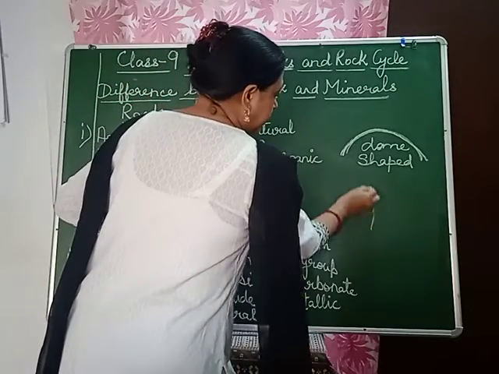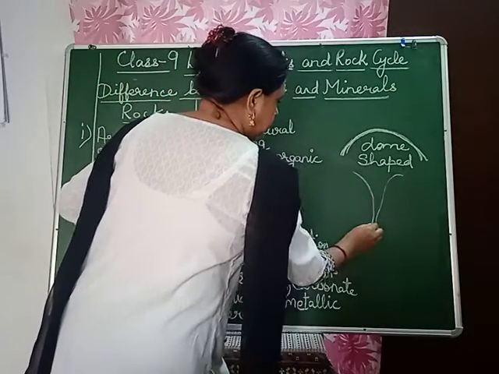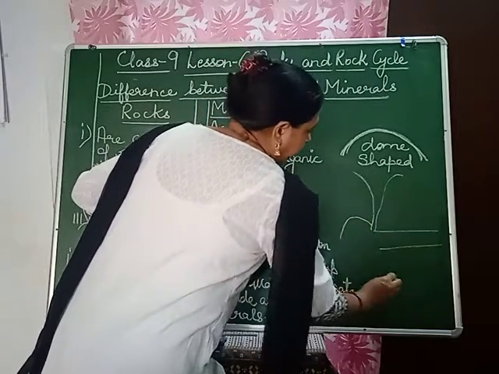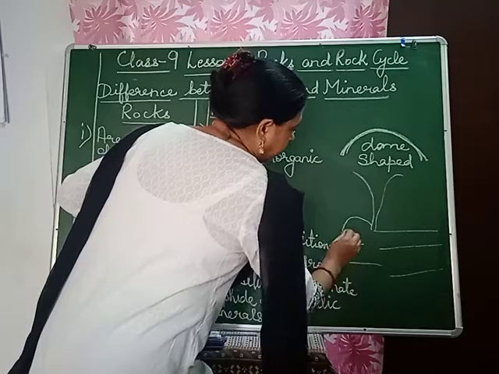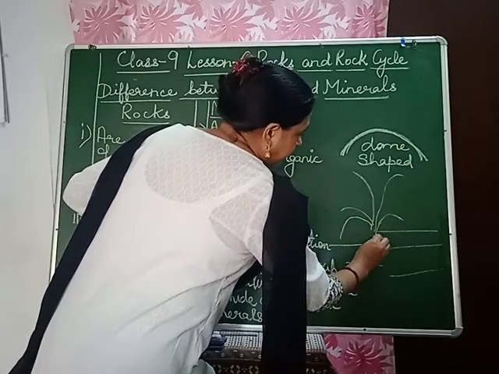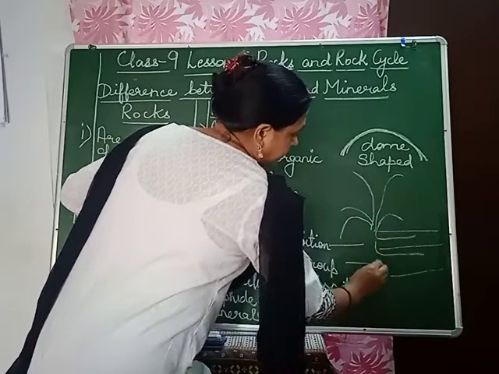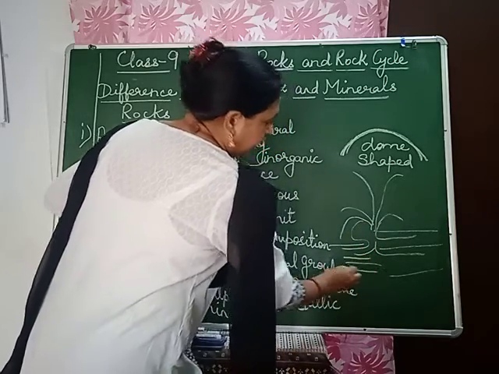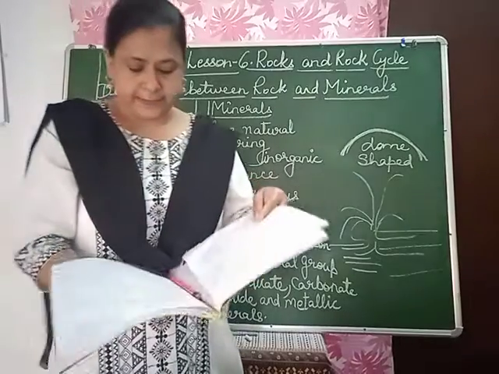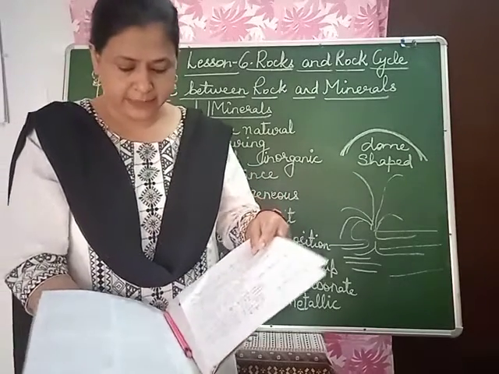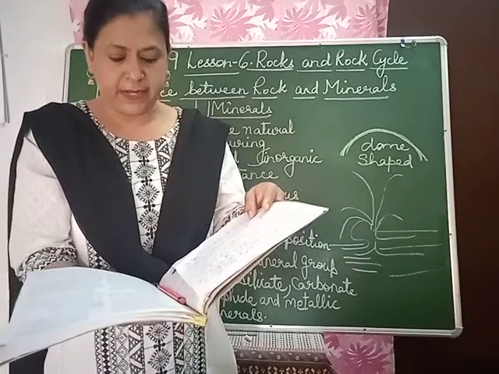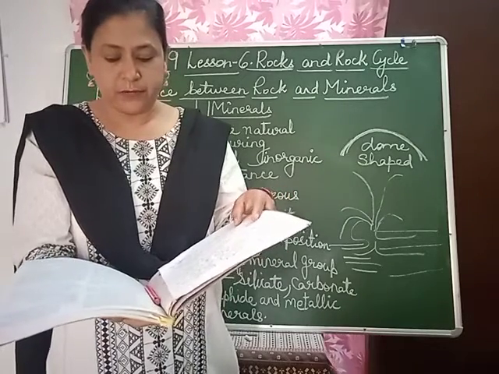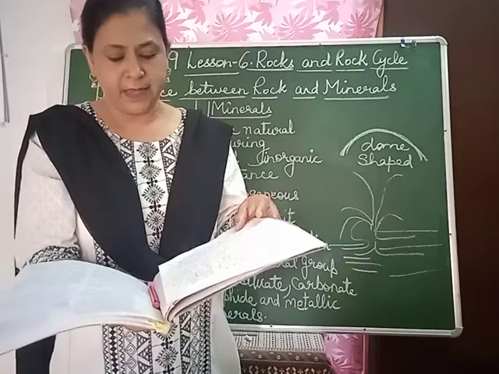When the volcano is erupting, vertical cracks are made like this, and it fills these cracks. The magma comes down and cools, and it fills these cracks or fissures in existing rock and hardens there to form dikes.